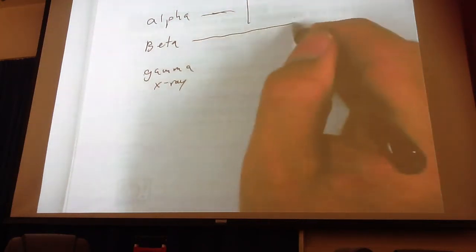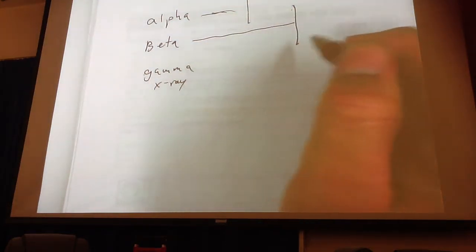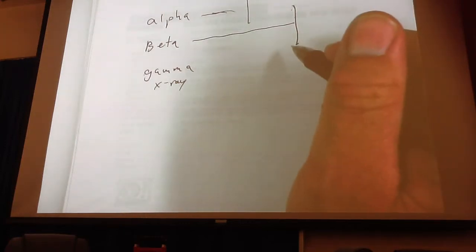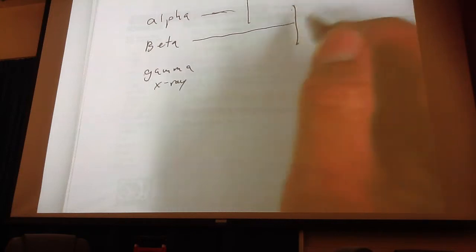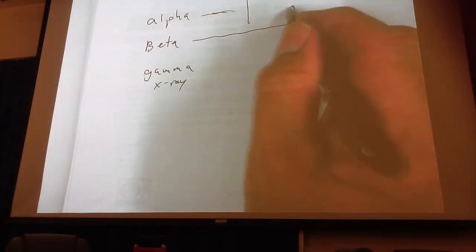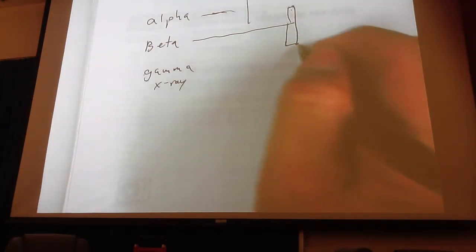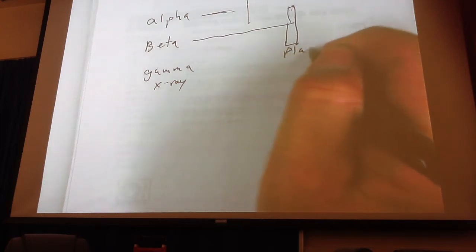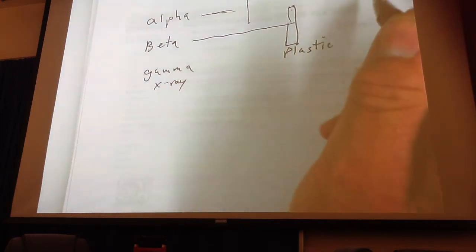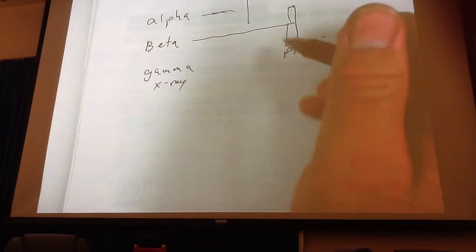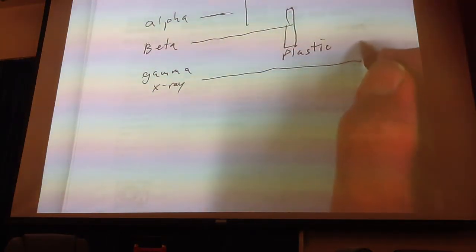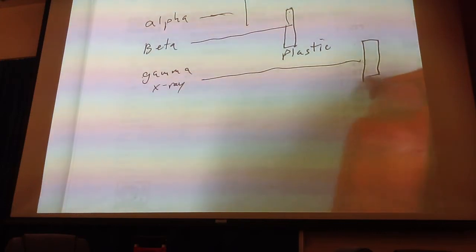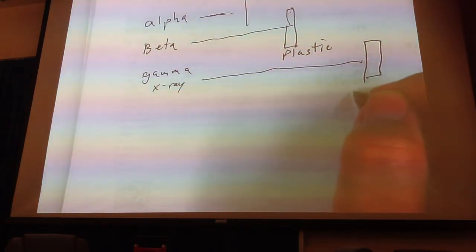Beta particles will penetrate paper, but you know, they don't penetrate too far in materials, so things like plastic are good absorbers. In fact, remember, we're supposed to use plastic as our shielding or any other low atomic number. Gamma rays, on the other hand, they go through everything, and we typically need lead or some other high atomic number to stop it.